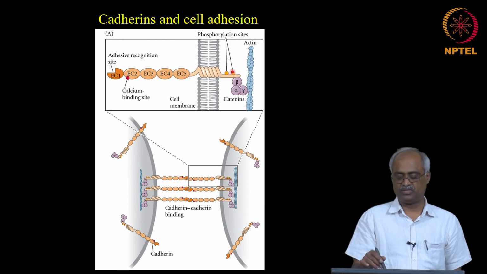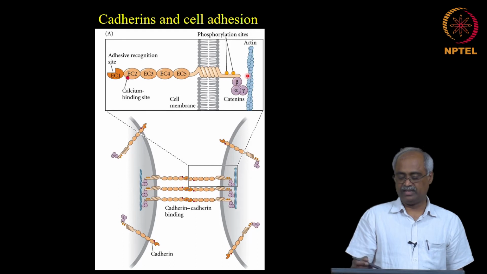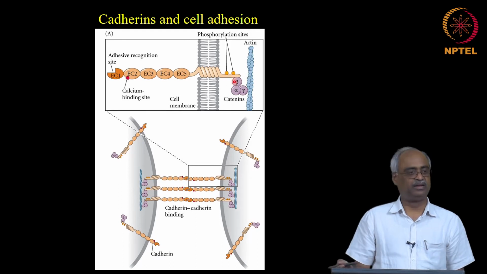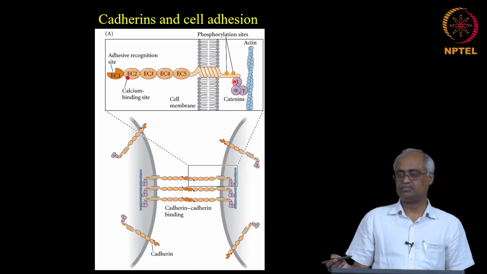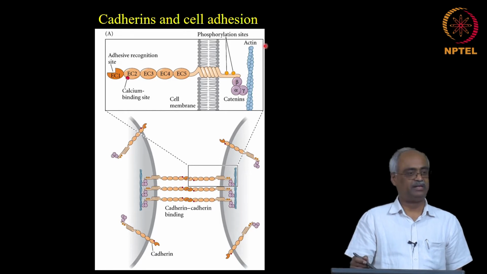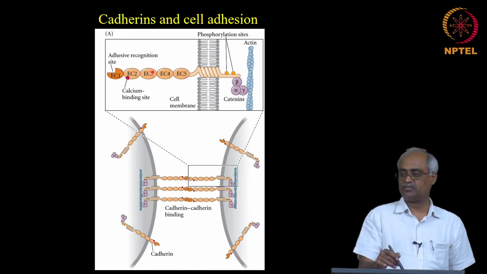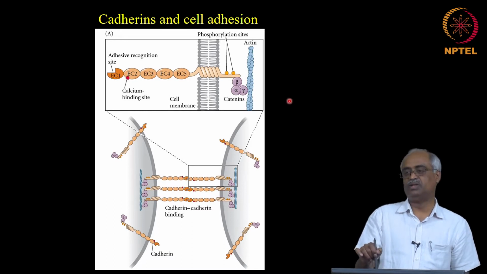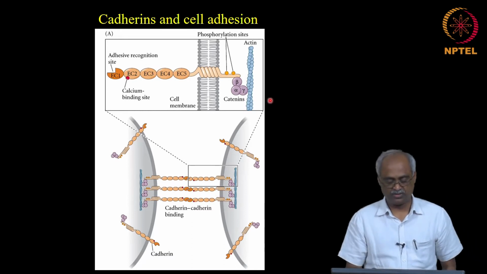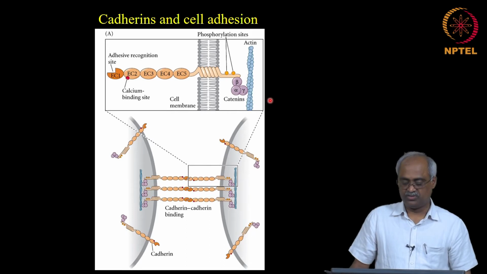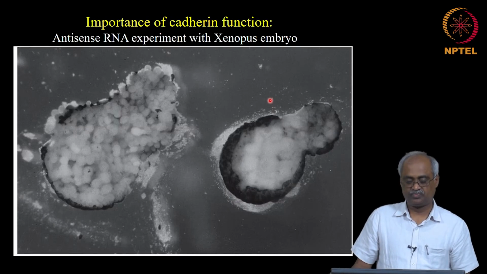For example, this phosphorylation can cause this to dissociate from the beta catenin, or the cadherins may be brought here or removed, and actin polymerization and depolymerization can also affect this. Therefore, changes that happen inside can affect the external adhesion and the opposite as well. Those are going to become clearer as we go through the rest of the slides.